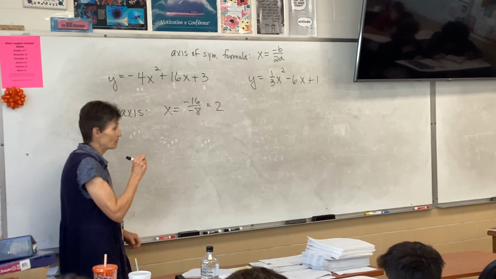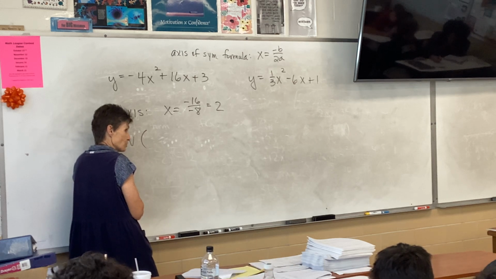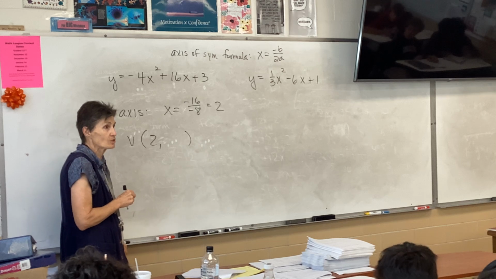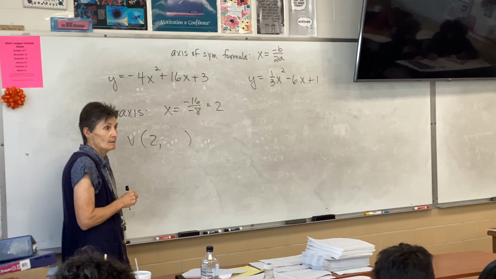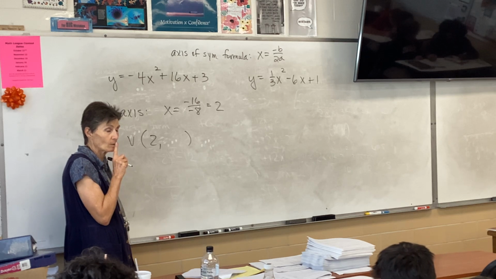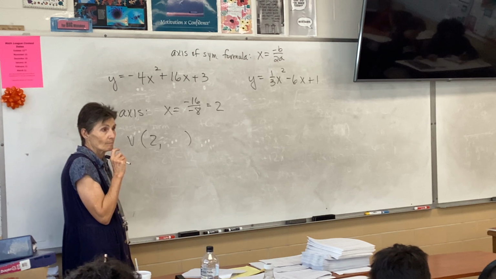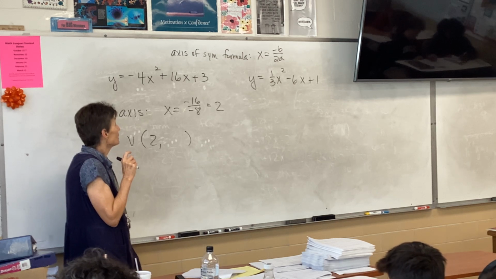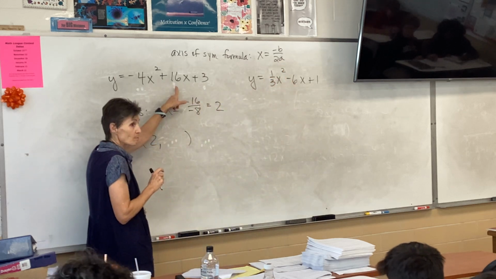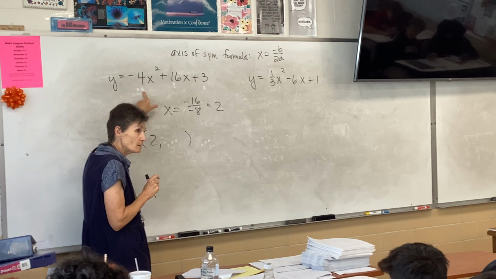Now, remember, if my axis of symmetry is x equals 2, then isn't the x coordinate of my vertex 2? Yes. But I still need the y. How would I find the y coordinate? Plug it in. Negative b over 2a. There's b, there's a. What's 2 times negative 4?